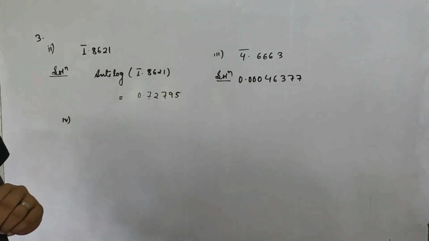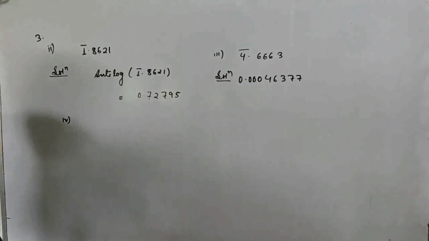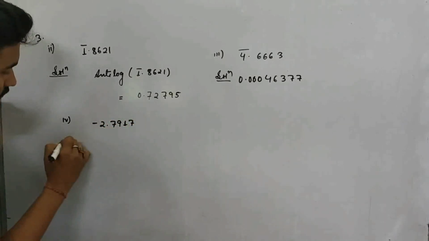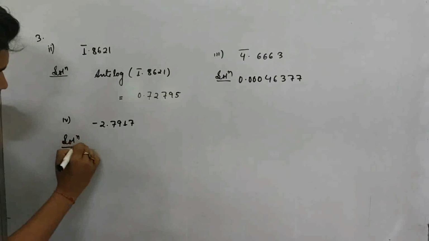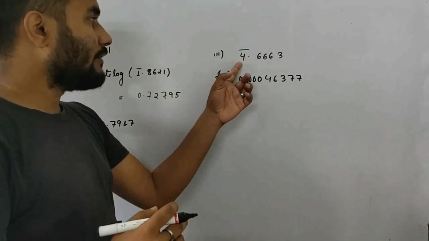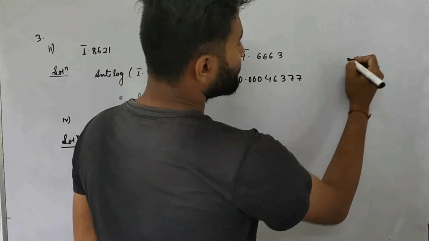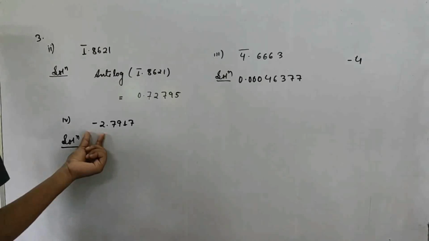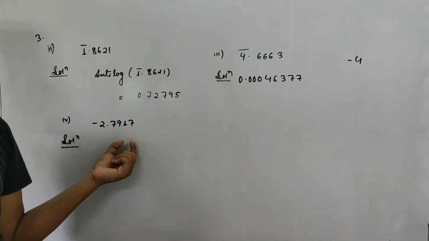Question number 4. Minus 2.7917. Solution. Now this question you see. Now you cannot say that when the characteristics is minus 2, like 4 bar is minus 4, correct? But now you cannot say that when the characteristics is minus 2. See over here the mantissa is negative.